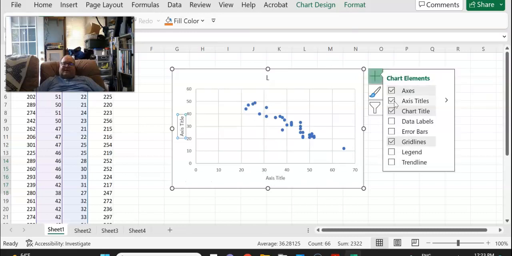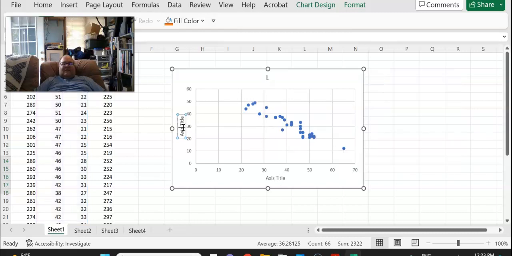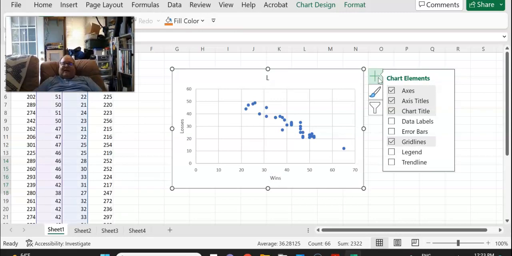We can add chart titles, and okay, this is our losses and the corresponding wins. This has a negative correlation, and if we add a trend line, we see that it goes down.